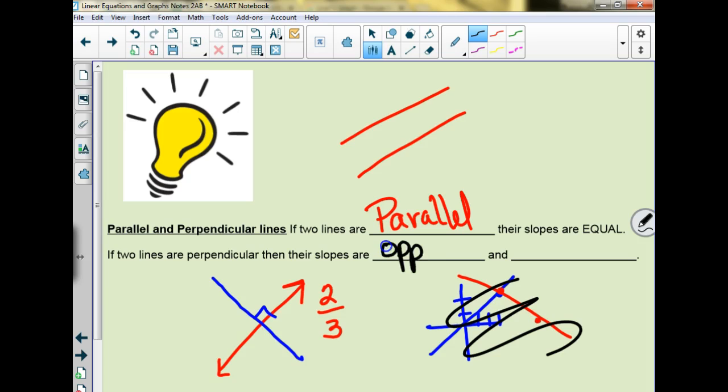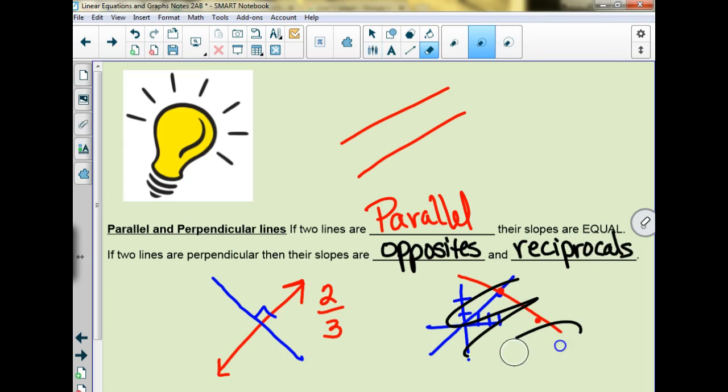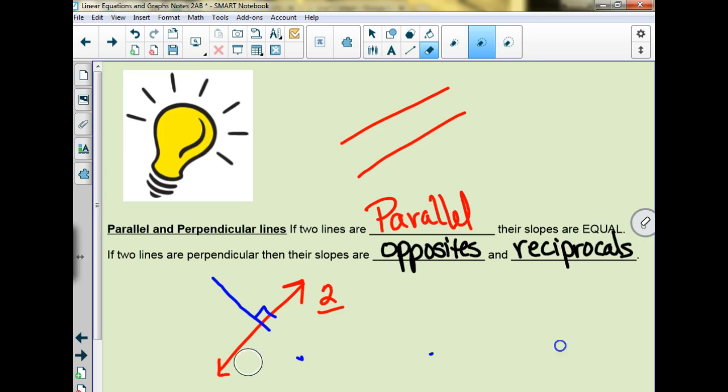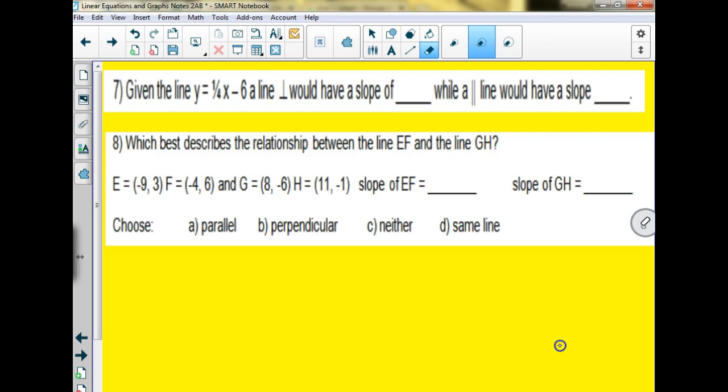I like opposites and reciprocals. The only exception to that is if it's a horizontal and a vertical line. Those are a special case, right? If you have one horizontal, one vertical, they're always perpendicular, but the slope was 0 and undefined. Those are not opposites and reciprocals.